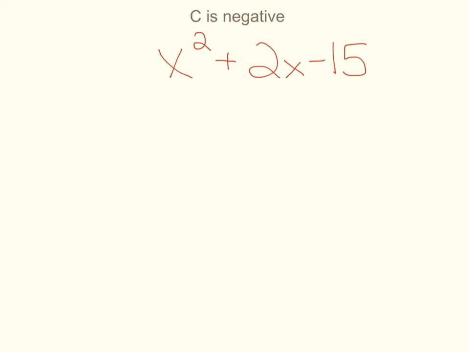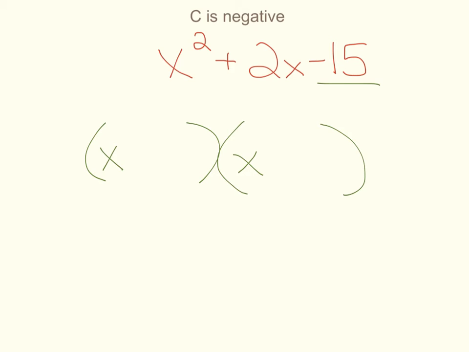The next example that you would have would be c is negative. So here you can see that the c, which is negative 15, is a negative number. So we start out with our x in the front of each parentheses. Now we have to find two numbers that add together to give you 2, but that also multiply together to give you negative 15. So for this example, you would want to list the factors of negative 15 and then find the sum of those factors.